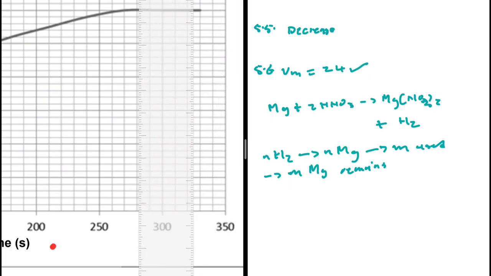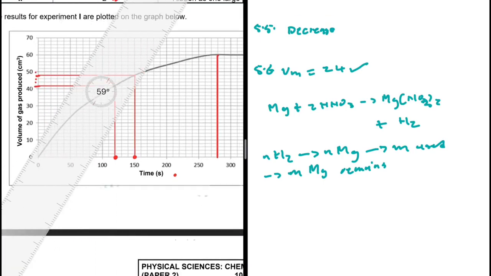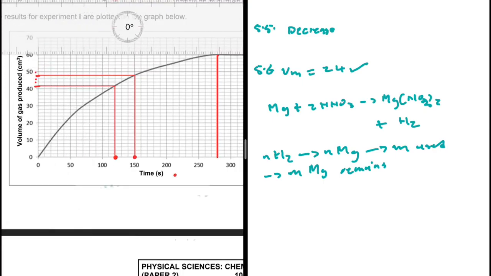So let's take this part. This is where our reaction ends. Okay, and then we're supposed to extend the line and read off the volume from the graph. This is the interesting thing about these questions. You are always given an experiment, and you are being a scientist. Essentially, you are answering these questions in real time.